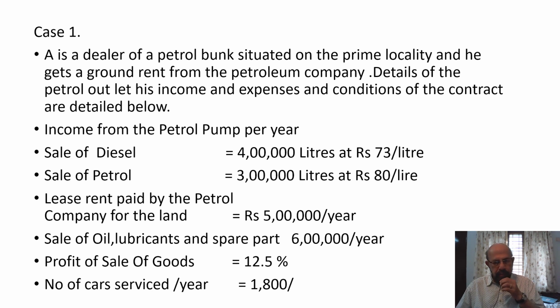Lease rent paid by the petrol company for the land is equal to rupees 5 lakhs per year. Sale of lubricants and spare parts, 6 lakhs per year. Profit on sale of goods is equal to 12.5%.